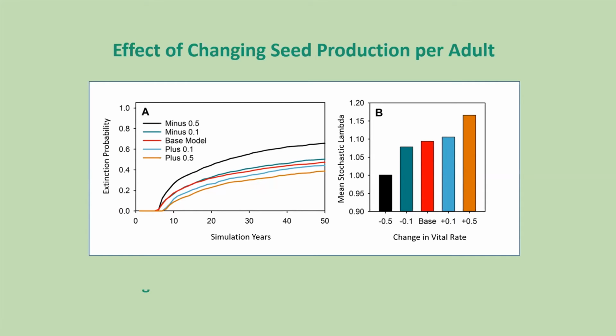If you run this model deterministically, which means you say every year is the same, if every year is an average year, lambda, deterministic lambda, is down here below 90%. So this is a drop, but it's not a drop as if every year were average.